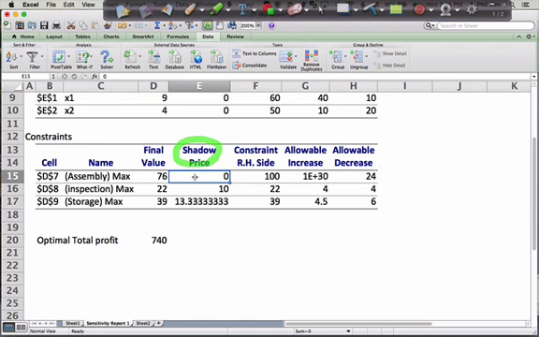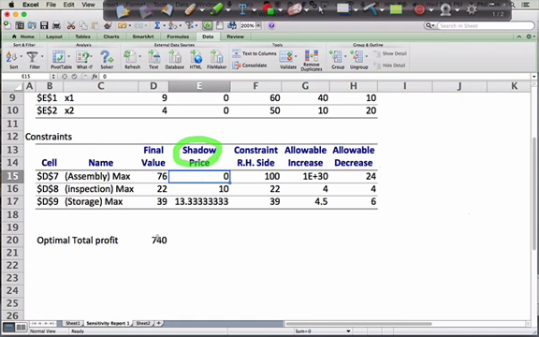What it means is, since we are not using all of them, so far I have 100 hours. If you increase 1 hour, like 101 hours, no, I'm not using all of them. So even though we have 1 more hour, are we going to use that one? No. So your total profit will not increase at all. So how much will it increase if you have 1 more unit of the assembly hours?